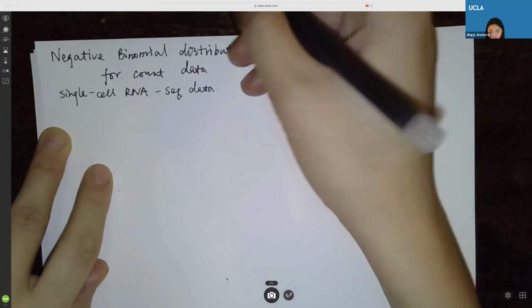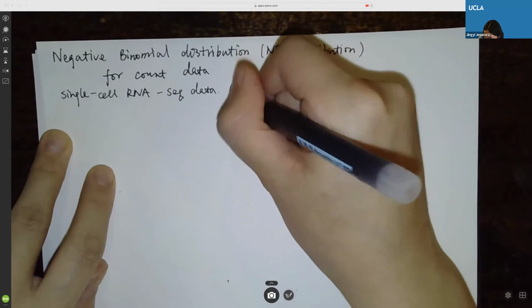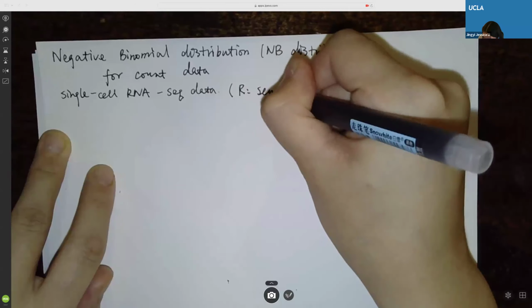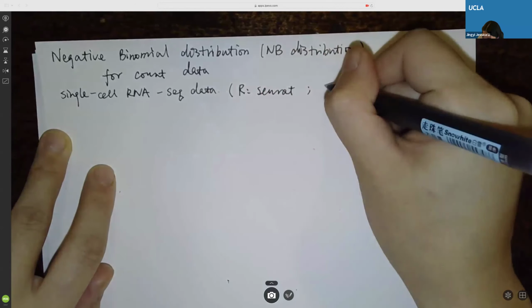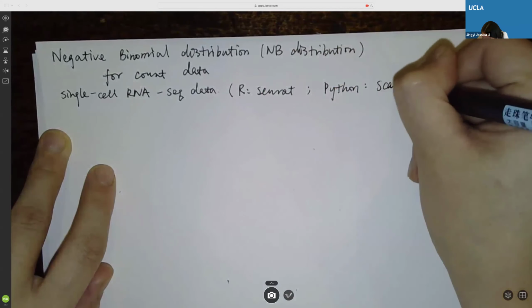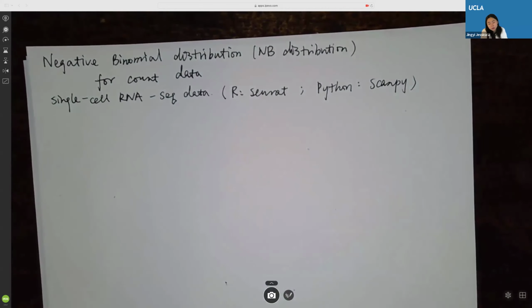Depending on how you write it, in single-cell RNA-seq data, there are two popular packages, one called Seurat for R, and for Python, there's a package called Scanpy. So you have these two packages that are popular.